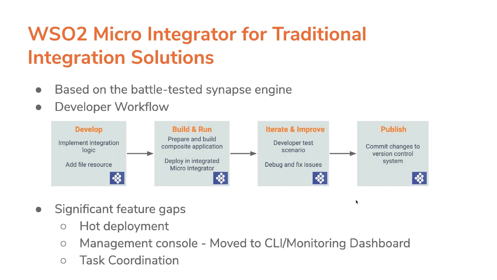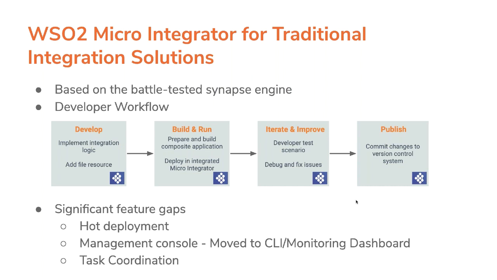Hot deployment is the capability of modifying the runtime while the server is up and running. We have removed the hot deployment capabilities in the micro integrator because we have identified that there are inconsistencies when we are performing rolling updates.